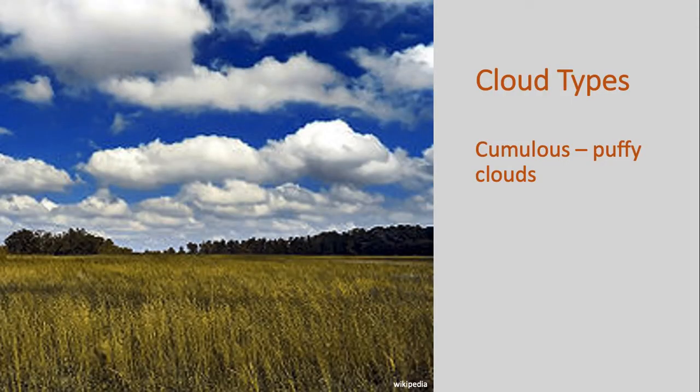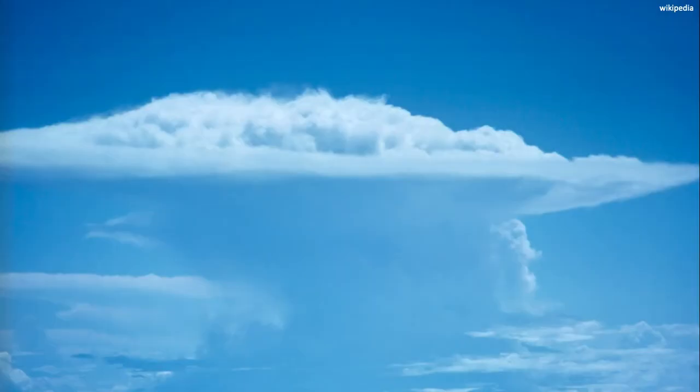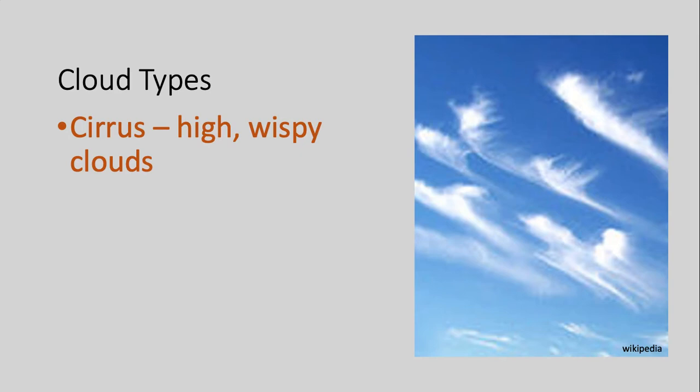Cloud types. Cumulus clouds are your kind of standard puffy clouds. Cumulonimbus clouds are tall cumulus clouds that indicate thunderstorms. Sometimes you get this anvil shape in a cumulonimbus cloud. Cirrus clouds are the high, wispy clouds.